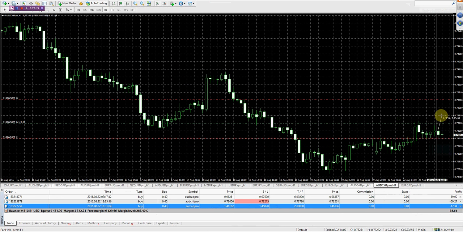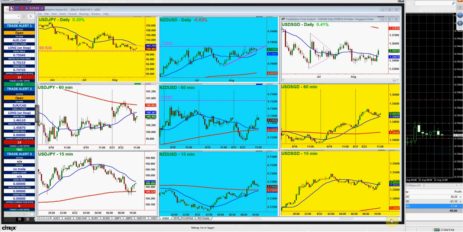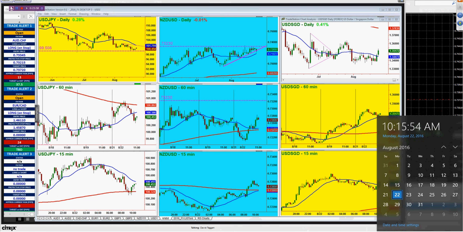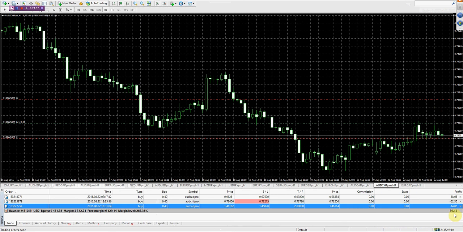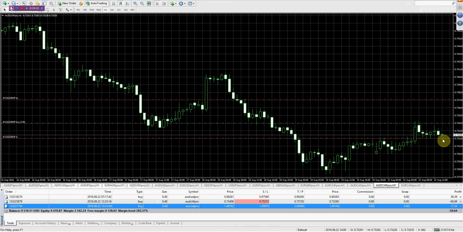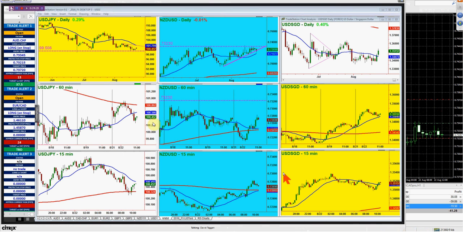So hopefully we'll get a push up there to get us away from that level. But for right now, I believe they shut everything down right around 11 o'clock. So I'm going to come back maybe 10 minutes before 11, and we'll see how our positions are doing. And hopefully this trade will still be there. But it's looking pretty close to getting us taken out on that one. It was about 2 pips away from getting stopped out at one point here. So we'll see what happens momentarily. All right, I'll be back with you guys shortly.